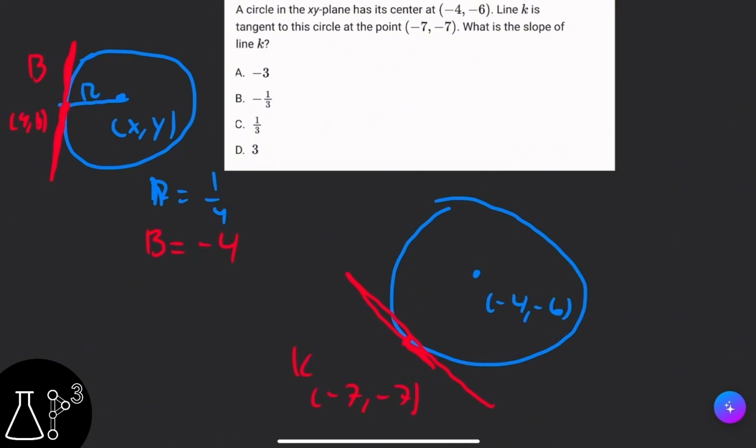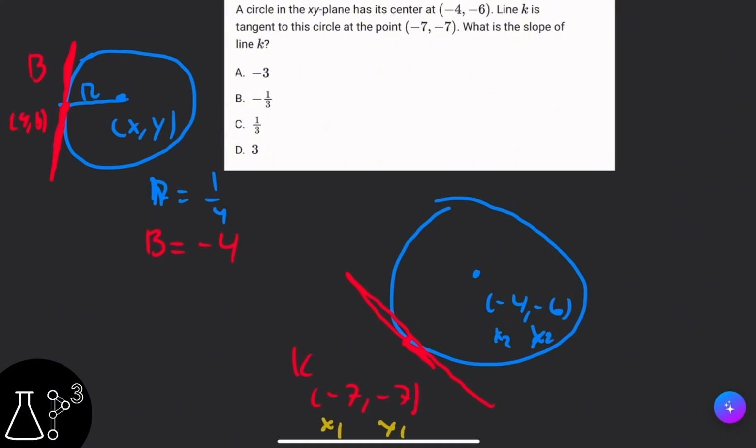And they ask you for the slope of line K. So the slope of line K is the reciprocal of the slope of the line to the center. To look for the slope to the center, we do y2 minus y1. The negative 4, negative 6 are x2 and y2, and the negative 7, negative 7 are x1 and y1.